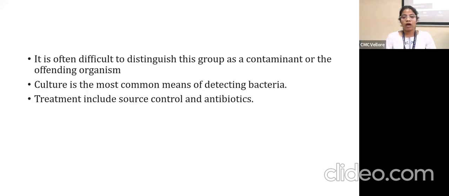Even if you localize to Streptococci species, it is very difficult to distinguish constellatus from intermedius. Culture is the most common means of detecting the bacteria, and the treatment includes source control and use of antibiotics.